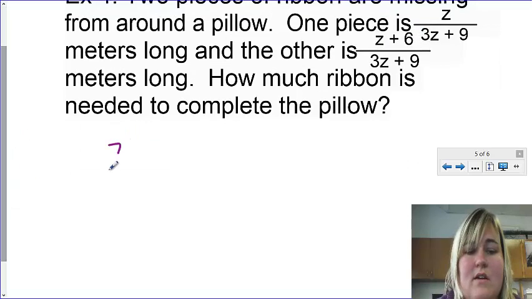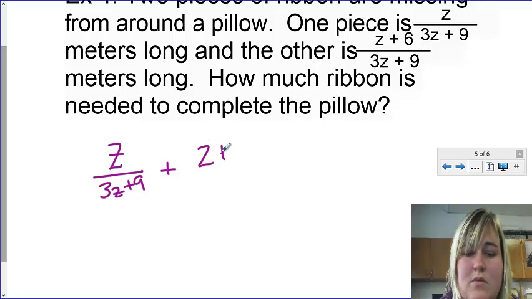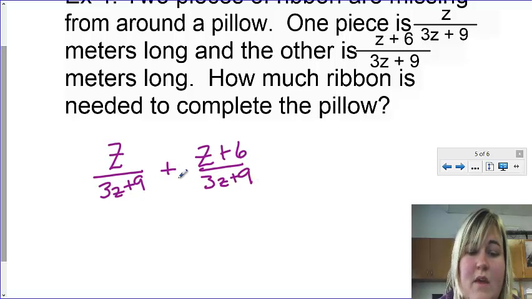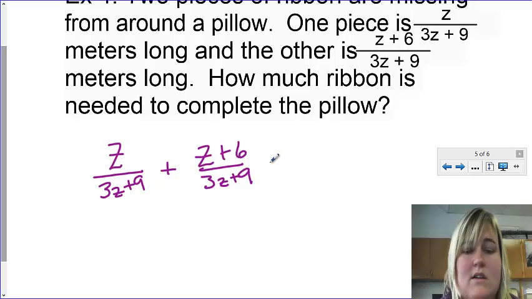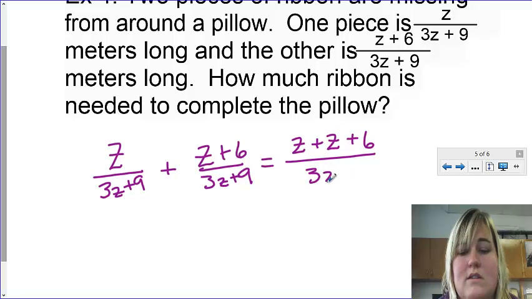So I have z over 3z plus 9 plus z plus 6 over 3z plus 9. I have a common denominator, we can see that. So I'm going to write it as all one fraction, z plus z plus 6 over 3z plus 9.